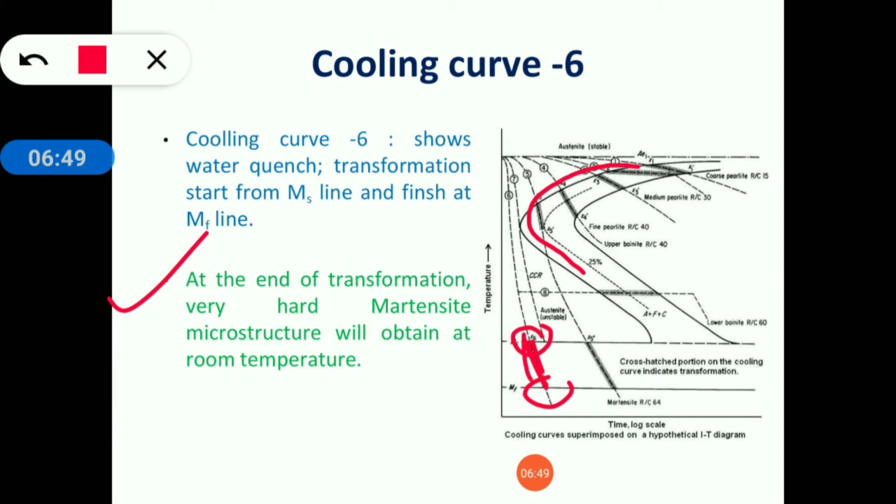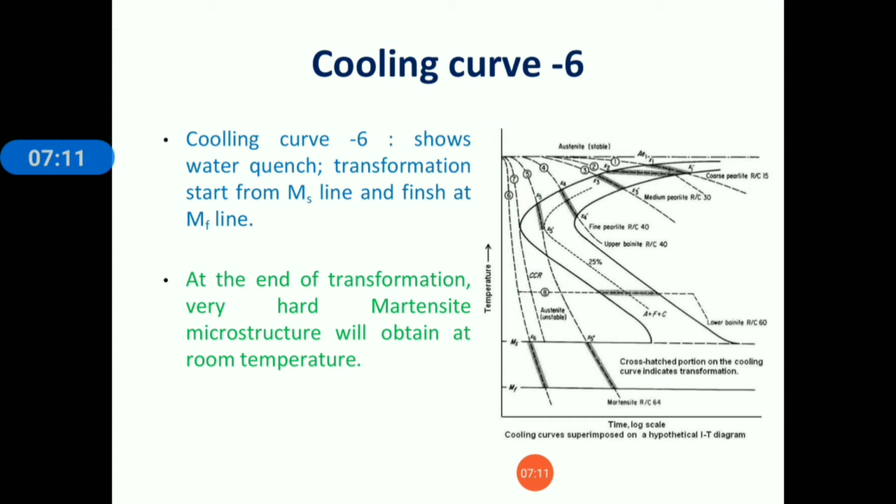If the cooling rate is faster than the CCR, what does that mean? CCR is the critical cooling rate. If your cooling curve reaches the nose of this C curve, then it is known as the CCR, critical cooling rate.